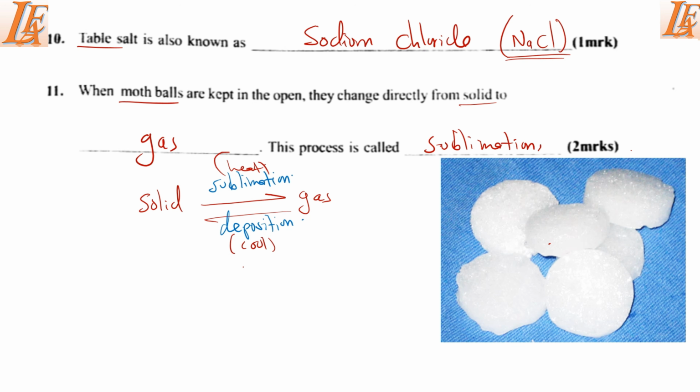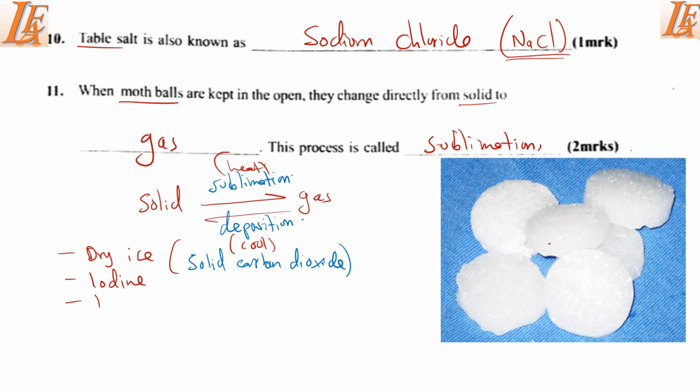Now, apart from mothballs, we have very many substances which undergo this process. One of them is what we call dry ice, which is used by ice cream vendors. The other name for dry ice is solid carbon dioxide. Another substance which undergoes the same process is iodine.